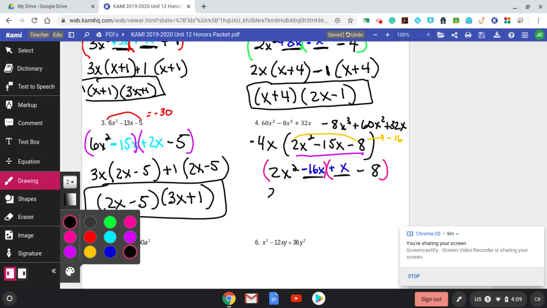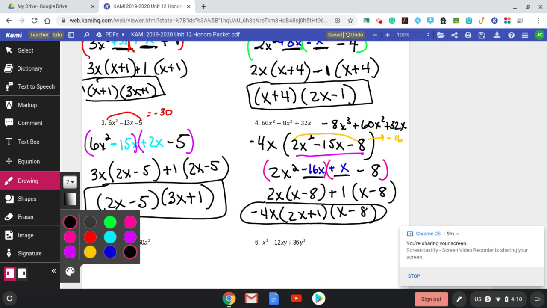Let's take out a 2x and be left with x minus 8. That's the exact same thing I have in the second parenthesis, so I'll only take out a 1, so it won't change. So I'm left with 2x plus 1, the GCF x minus 8, and again, let's not forget about the GCF we took out. There we go. So always look for that GCF first.